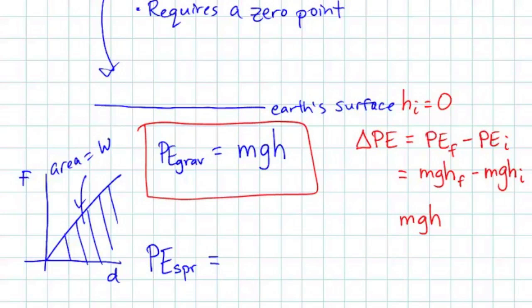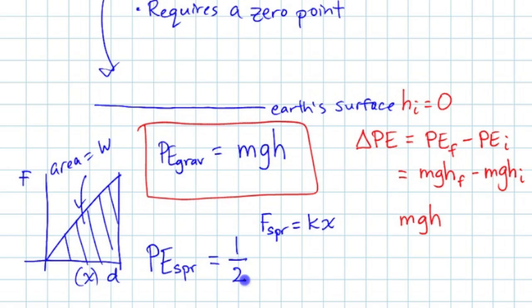And for a spring, because a spring usually goes by the spring force, which is equal to the spring constant times the displacement, and because we have a triangle here, hopefully you'll believe me, I could also write x instead of the displacement, but the potential energy of a spring is 1/2 k times this displacement x squared.